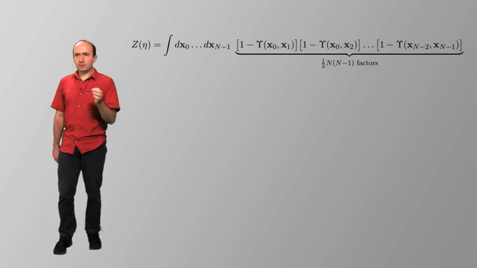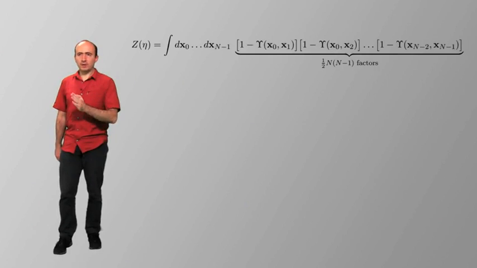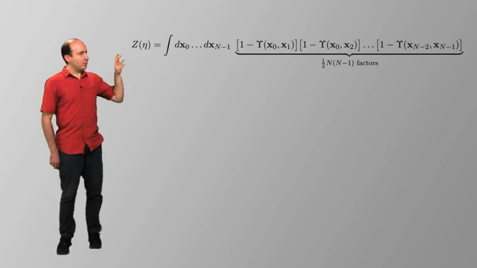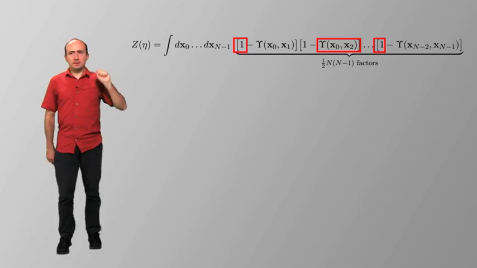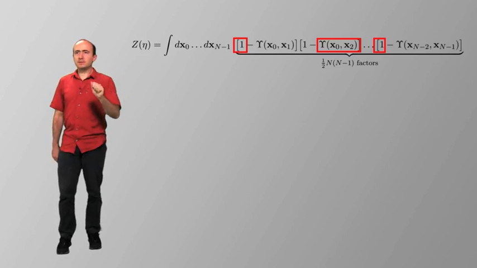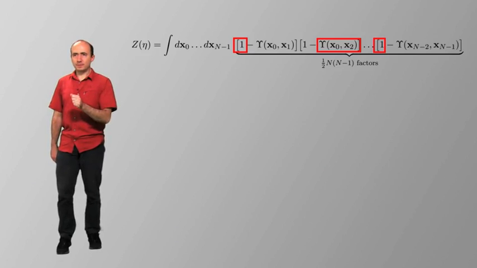To go to the next order, let's consider all the brackets. There are n times n minus 1 divided by 2 of them. So what you can do is to pick one of the epsilon in a single term and to pick one in all other brackets.